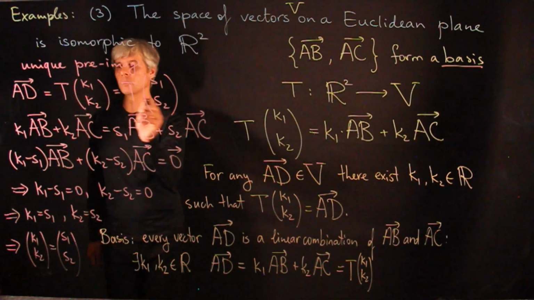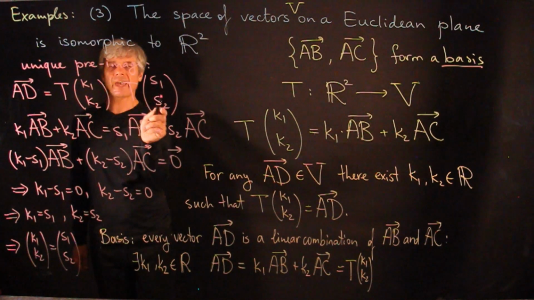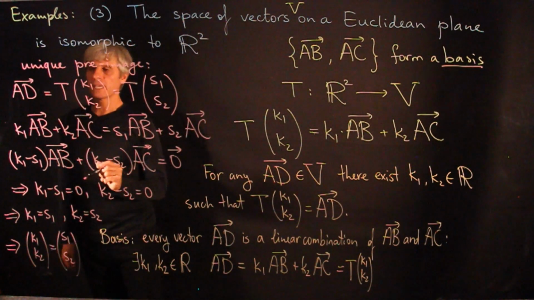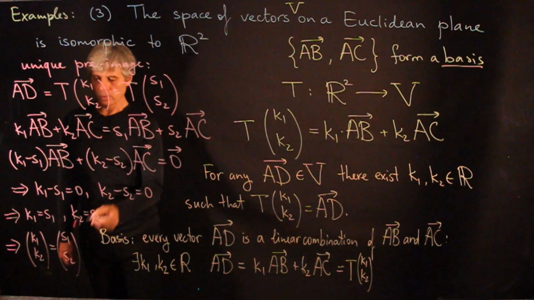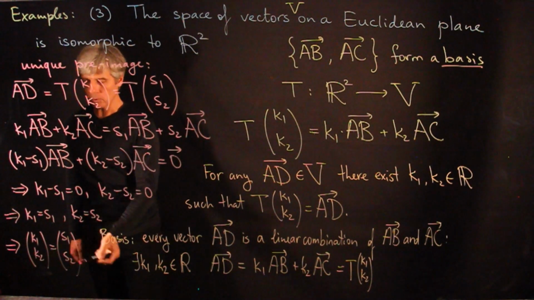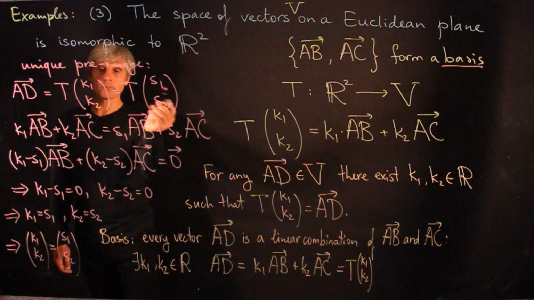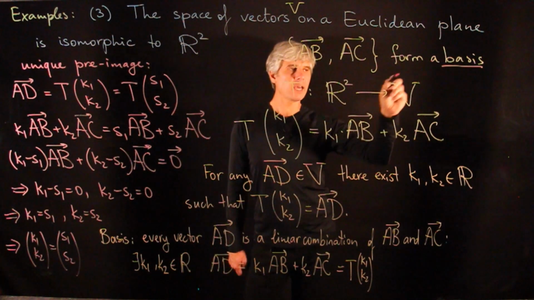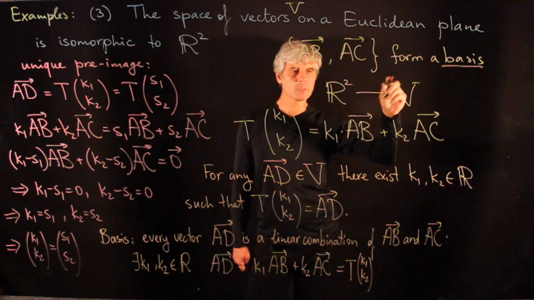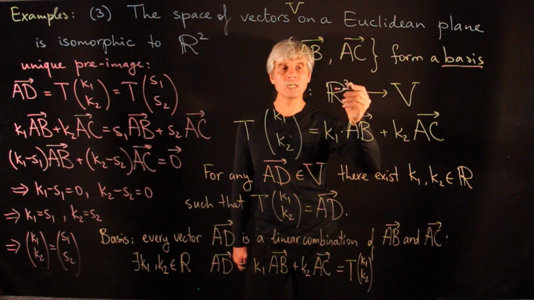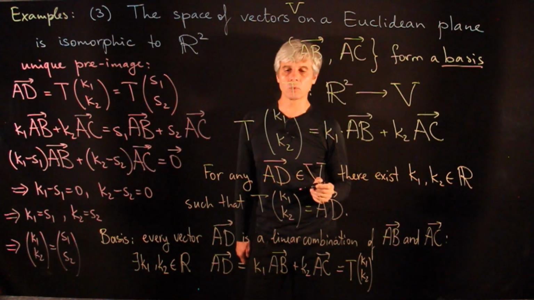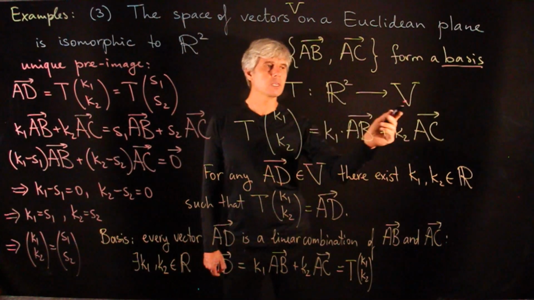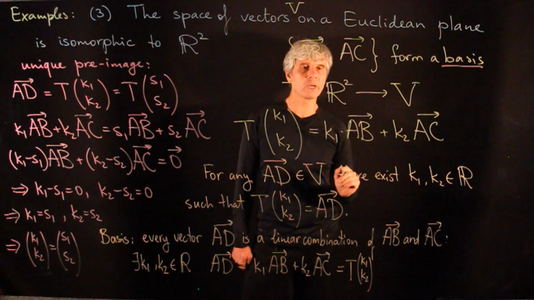So if we assume that two vectors from R2 get mapped to the same vector AD, then this shows that these two vectors must actually be the same. And this tells us that every vector AD from the space V has a unique preimage in the space R2. So this means that indeed this transformation is bijective.